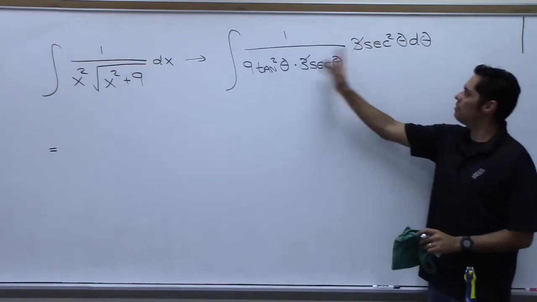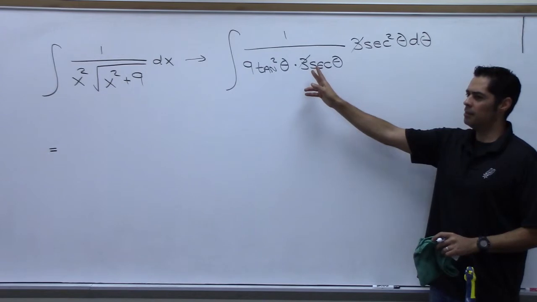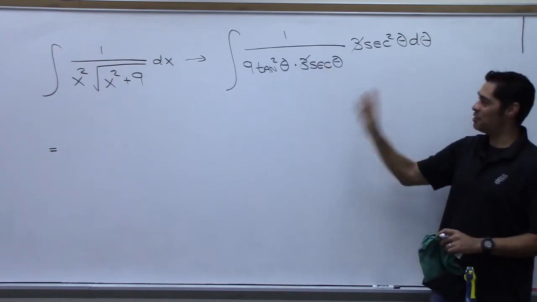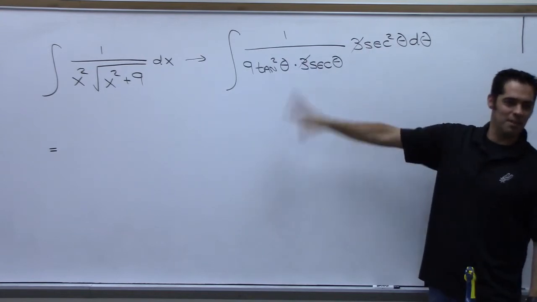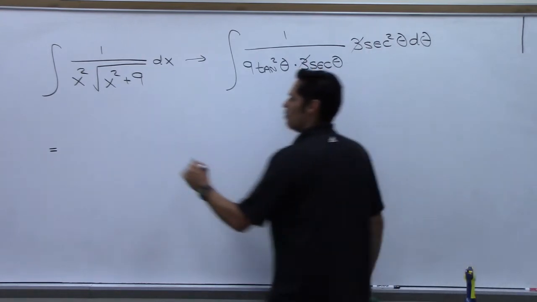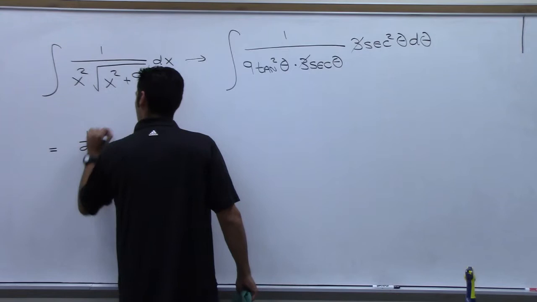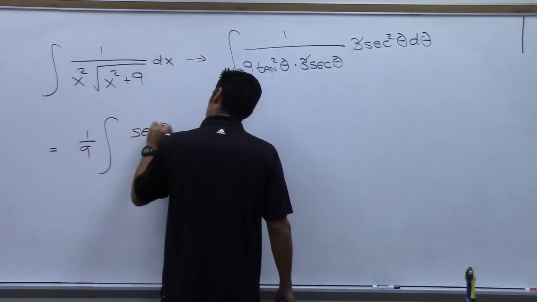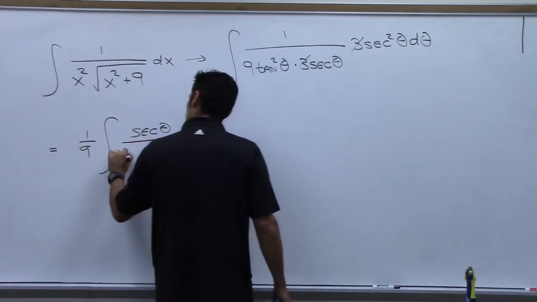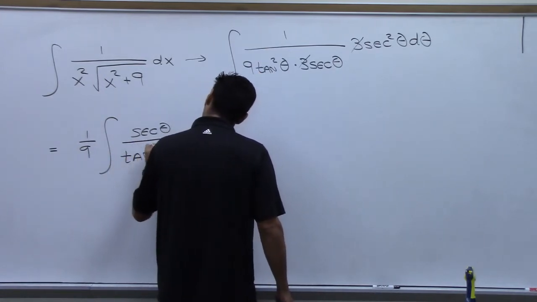Oh, sorry, I did these 3's. Then we're all going to get 1/9? Yes. You could pull out 3/27, but that's 1/9. So 1/9 here. Integral secant theta on top. Bottom, tangent squared theta, d theta.